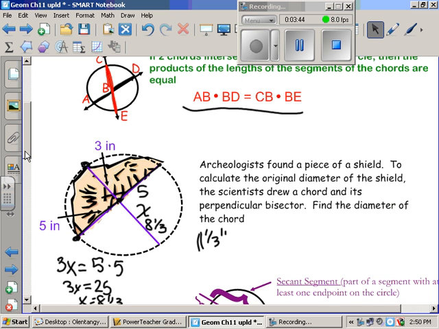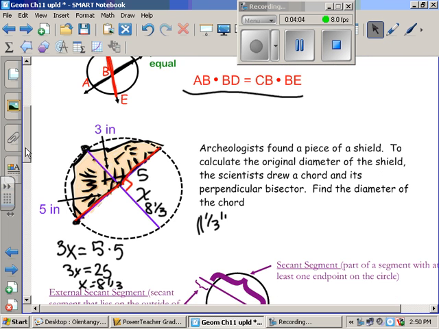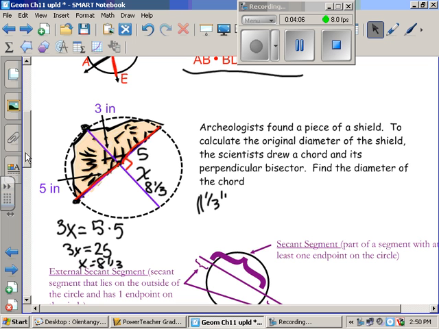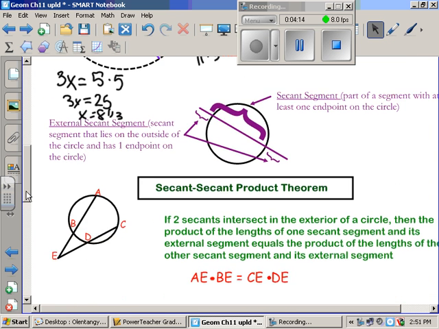We know this is a perpendicular bisector because the distance from here to here and from here to here are the same, so those must be the radii. And we know that a radius that intersects a chord at its midpoint is a perpendicular bisector. All right, so that would be an application of the chord theorem, that the product of these two pieces of the chord equals the product of the other two pieces of the other chord.